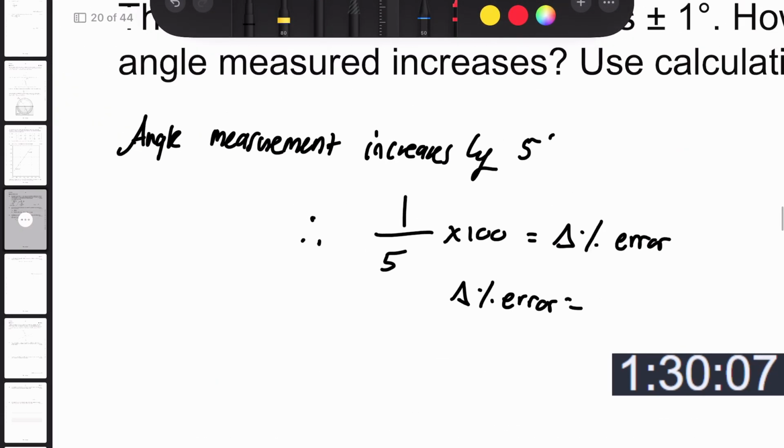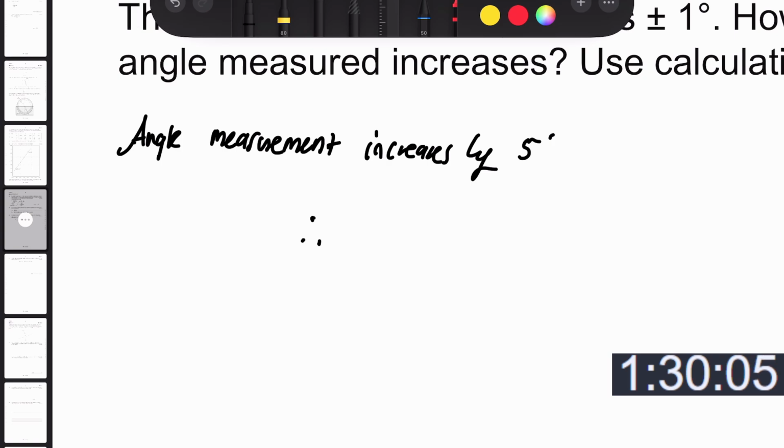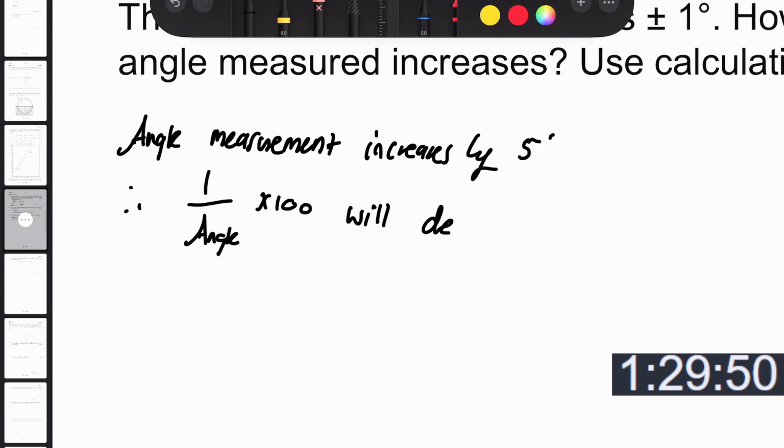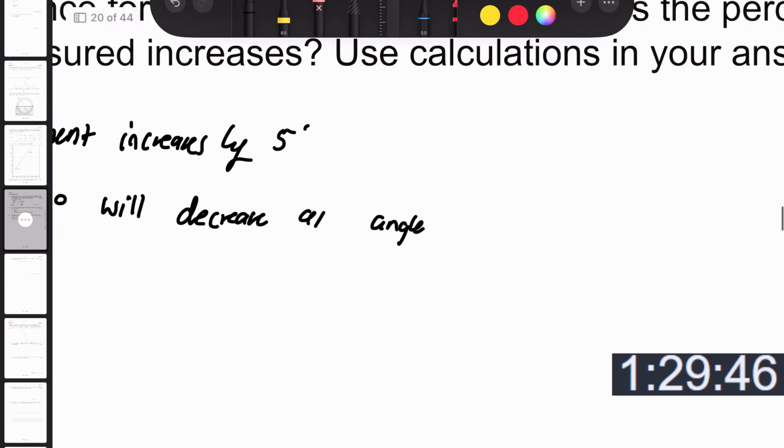Okay, there's not an exact answer. Therefore, 1 on the degrees times 100 will decrease as the angle increases.